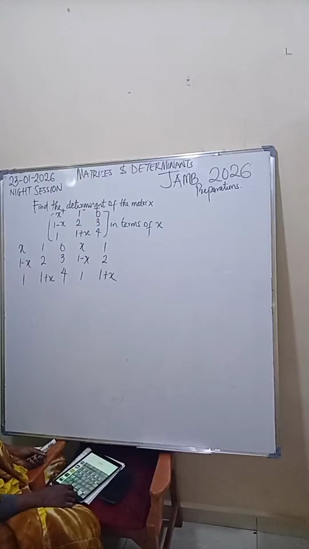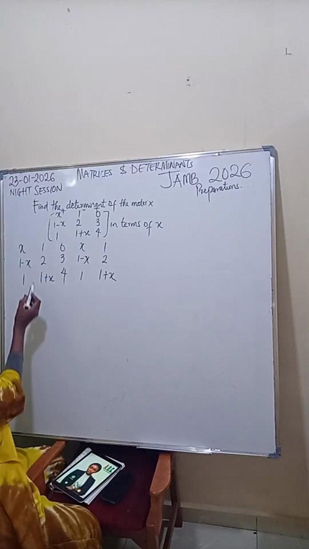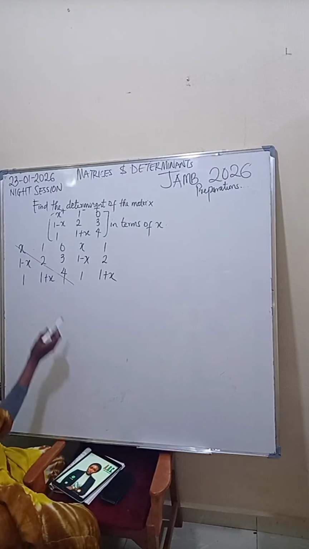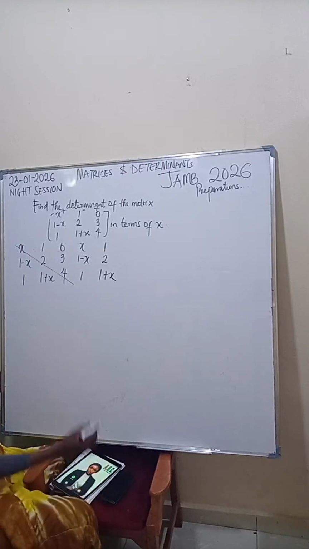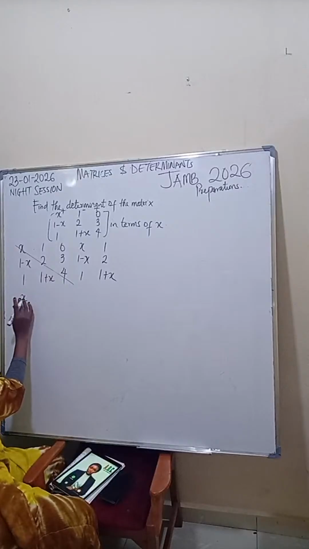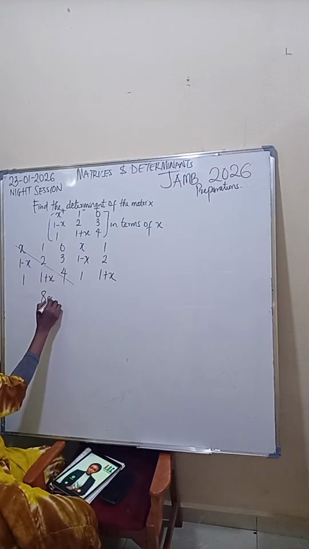Okay. So you mean like this? Okay. x times 2 times 4, that is 8x. Okay.